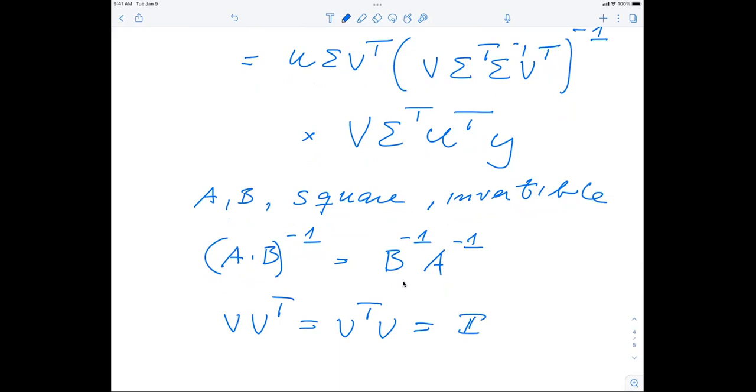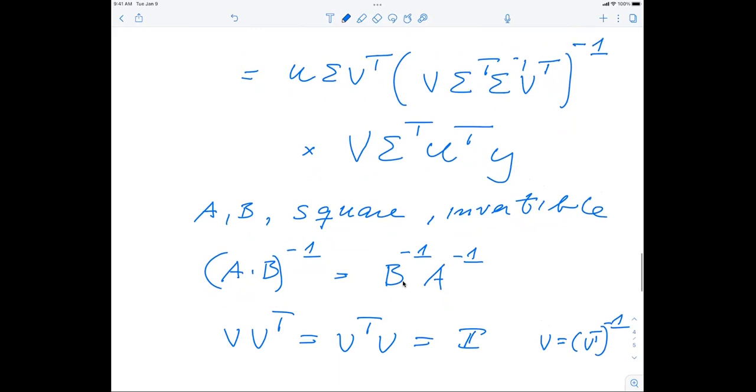That simply means that V transpose is equal to V inverse. So I can put that back in here, and in here, and then I can use the orthogonality of these matrices to get rid of this term and that term.